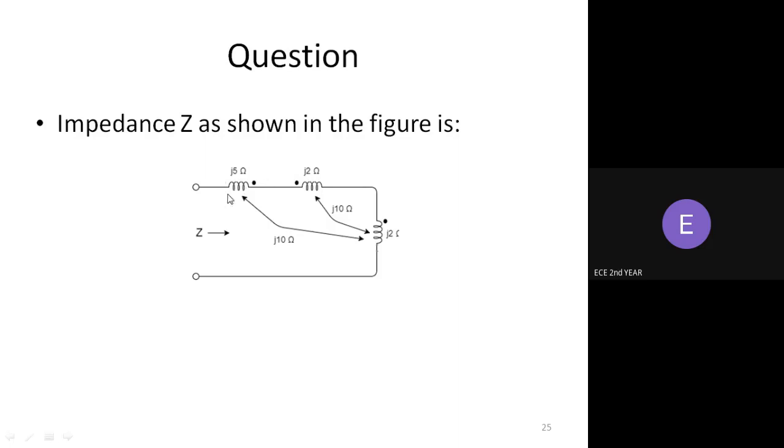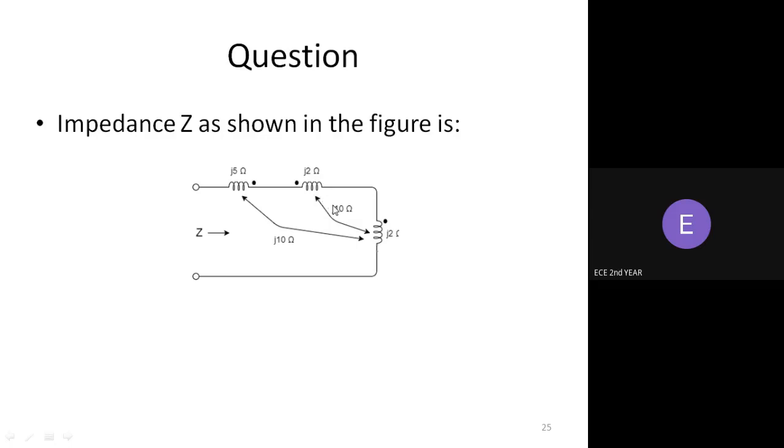So we will consider this is L1 and this is L2 and this is L3. So here L1 and L3 are mutually coupled and their mutual inductance is 10j, and L2, L3 are mutually coupled and their mutual inductance is 10j.